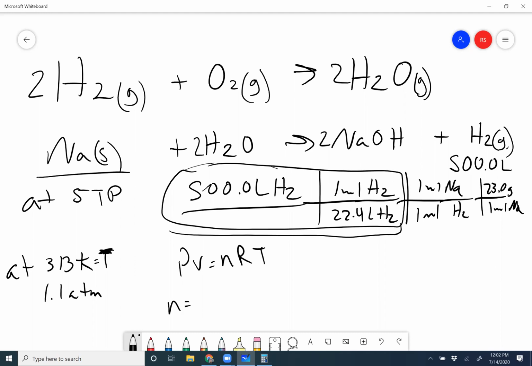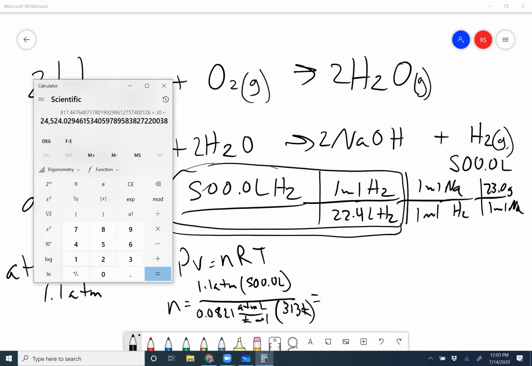Our pressure is 1.1 atm. Our volume is the 500 liters. Our R is 0.0821 atmospheres, liters, Kelvin, moles. And then our temperature is 313 Kelvin. So now this will give us the n that we multiply by 23, which is going to be different than just dividing by 22.4.